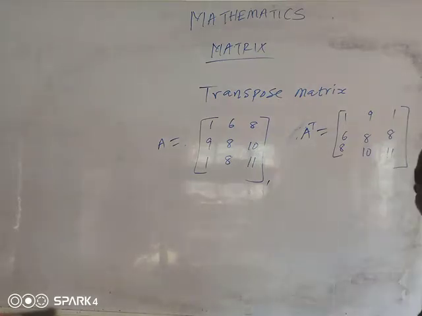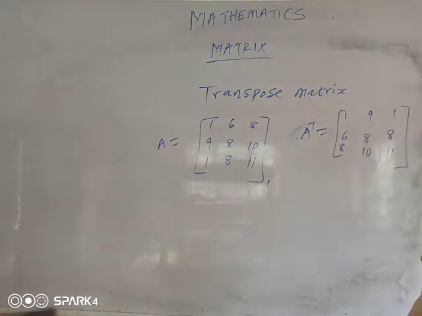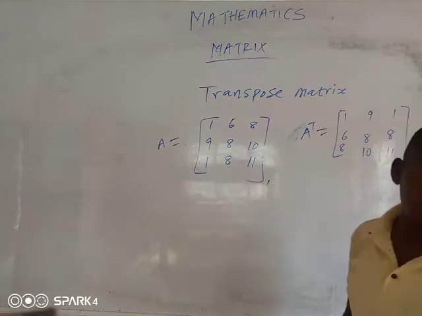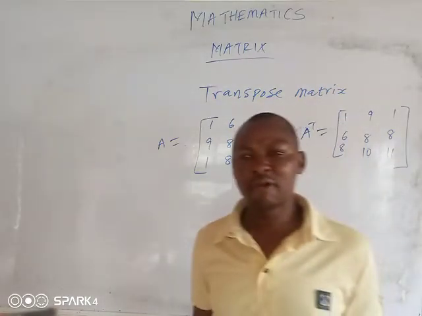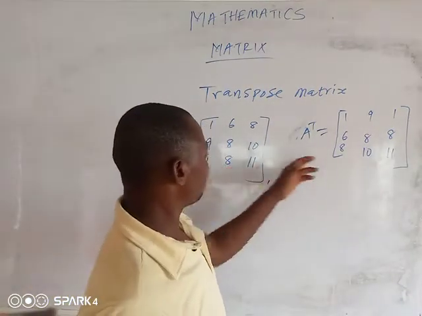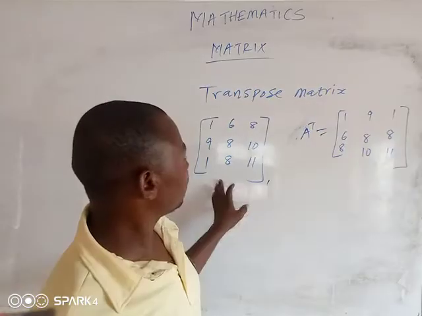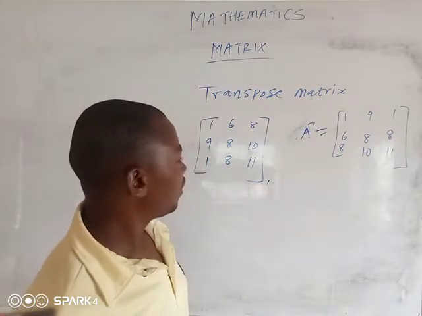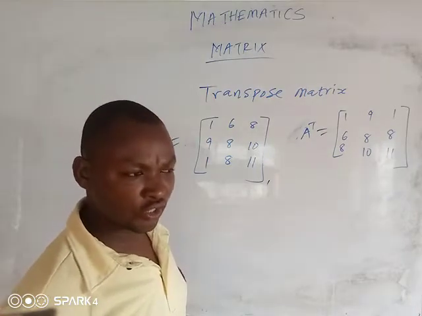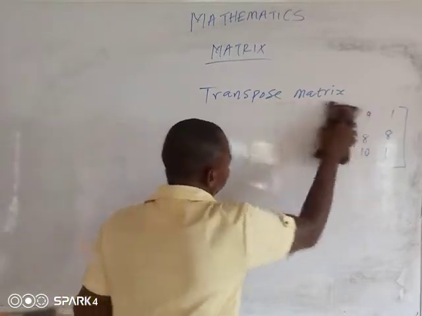If after transposing this matrix we are able to get the same matrix we are coming from, then we say we are having a symmetric matrix. So let's assume we transpose it and it gives us the same thing, then we say it's symmetric. But this does not give us the same thing, hence it is not a symmetric matrix.